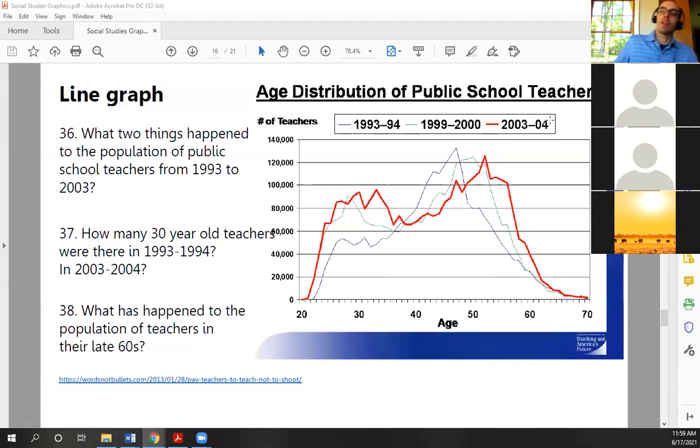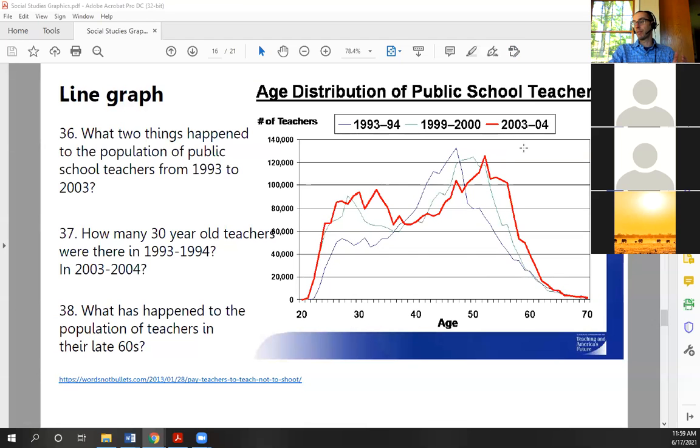So normally on a graph, you get two pieces of information, right? Up and down and side to side. Here, we're getting three pieces of information because we're getting the number of teachers and their age, but we're getting it in multiple years with multiple lines. Does that make sense? You could do this for every school year, right?